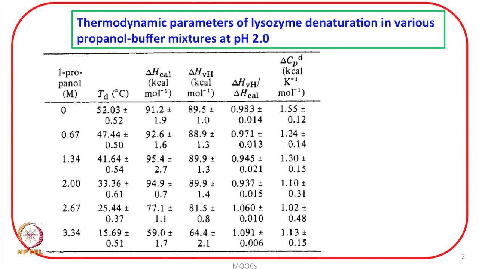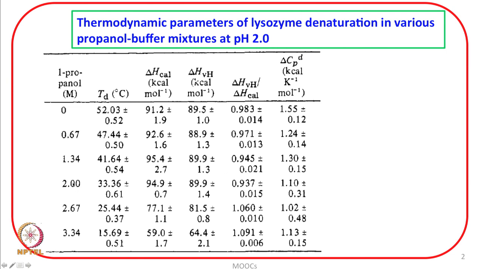Let us make some more observations in this table. When the concentration of propanol is further increased to 1.34 molar, the transition temperature is again further decreasing, but the calorimetric enthalpy has shown a little bit more rise, and the delta Cp value is not very largely affected.